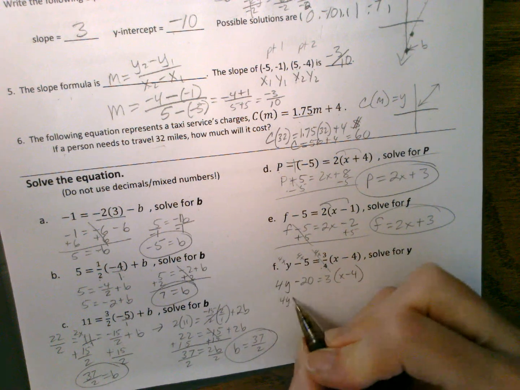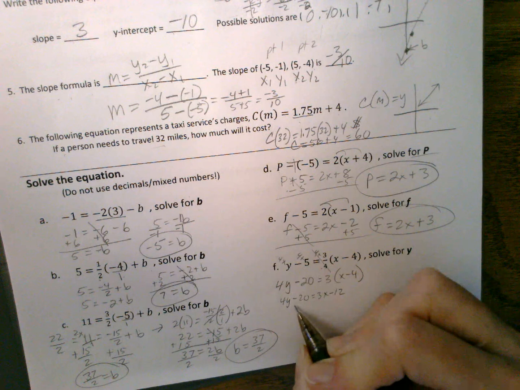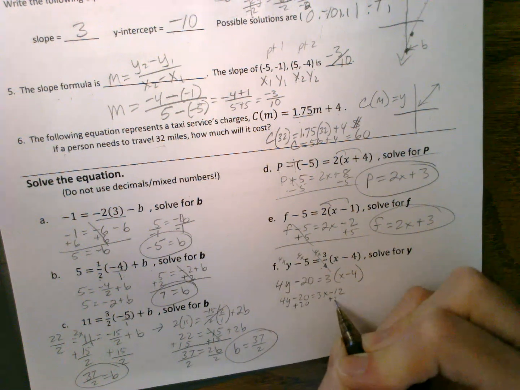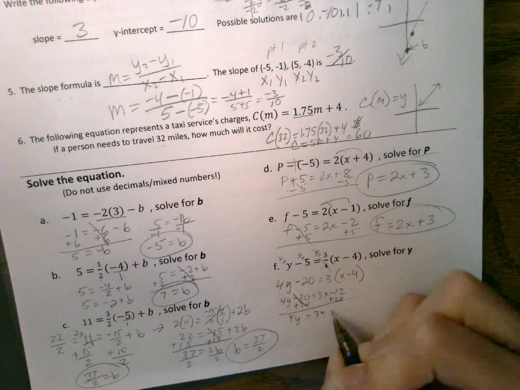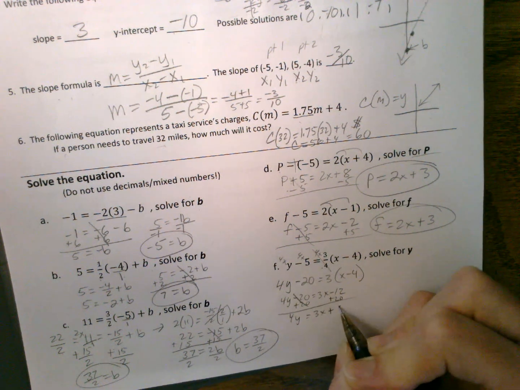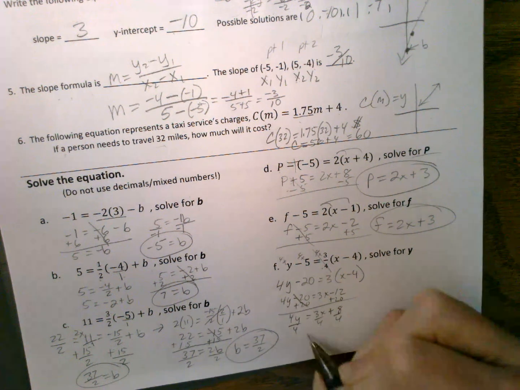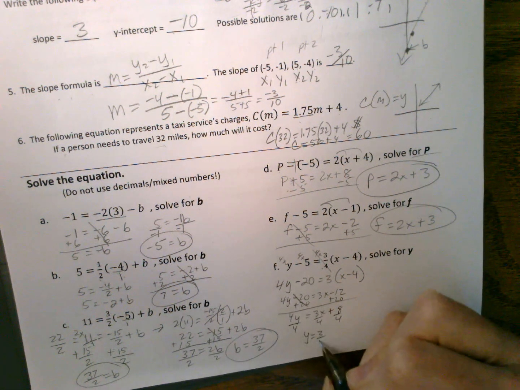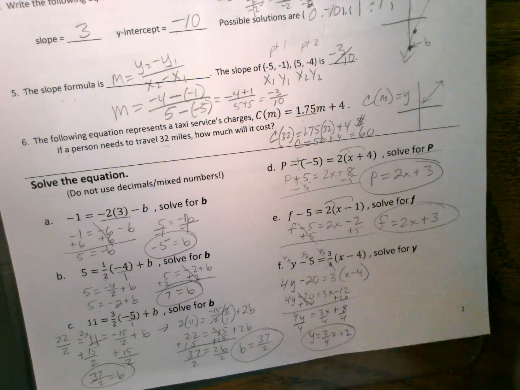So 4y minus 20 equals 3x minus 12 plus 20. 4y equals 3x plus 8, divided by 4. y equals 3/4 x plus 2.